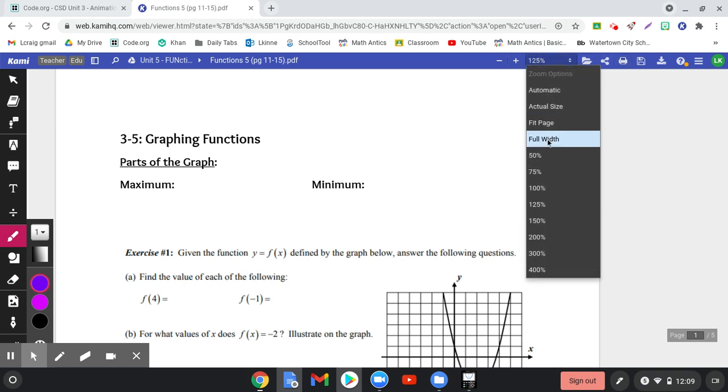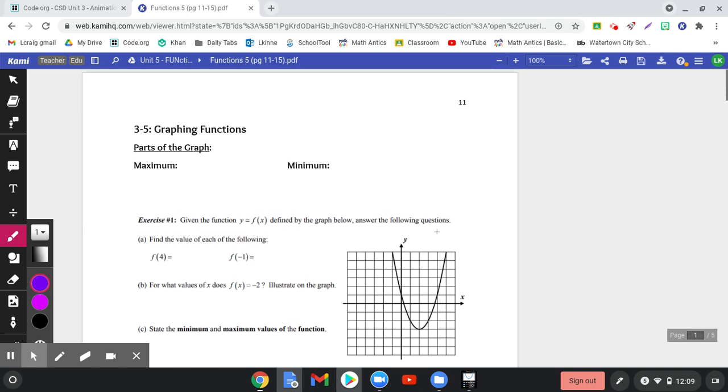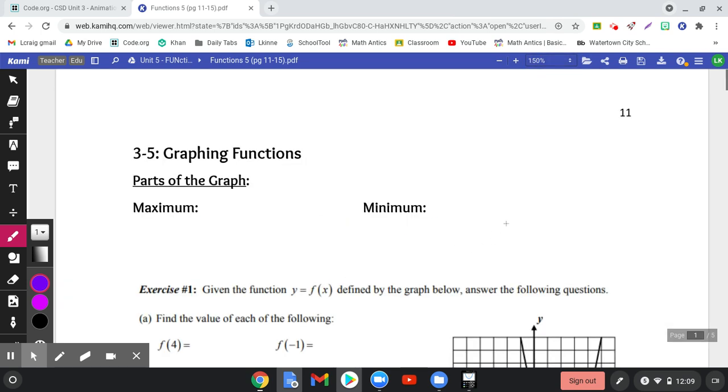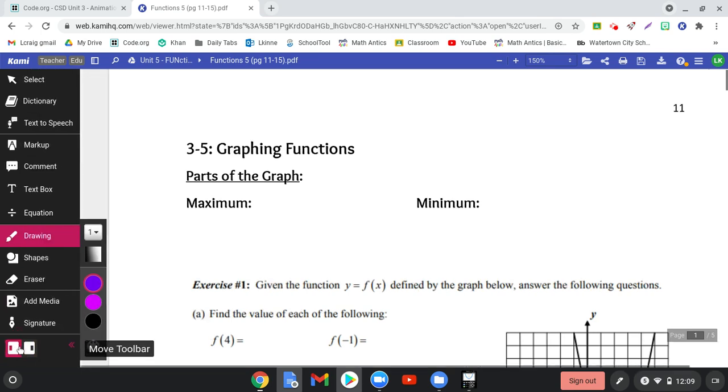It might be helpful, if you open this up in Cami, to zoom in a little bit so that way it's easier to write in the small space. Like maybe zoom into 150 or so. We're going to get into drawing lines and things also, so there's different functions here, just the regular drawing.